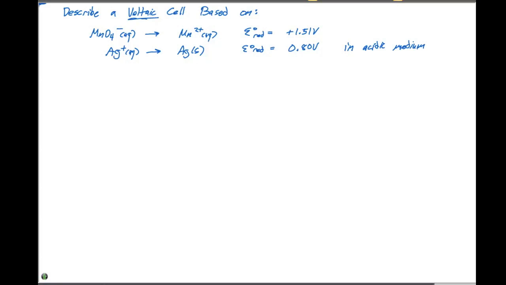So here's our particular equation, or half reactions. We're given the cell potentials for each of these. We were told here that we have a voltaic cell. So this means this has to have a spontaneous reaction. So one of the keys that I said was look at the highest positive reduction potential, which in this case is going to be our permanganate solution.